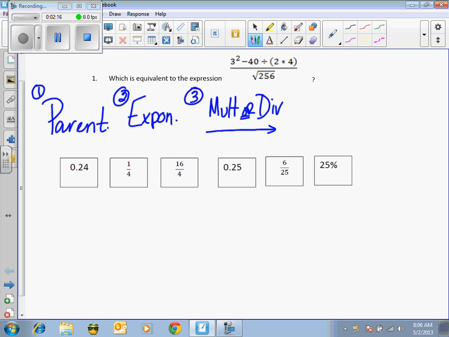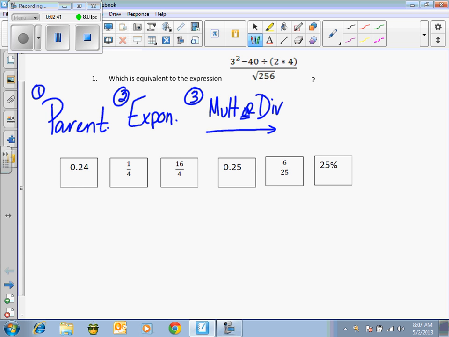What we need to do is look at this problem kind of the way that we read the sentence in front of it and do all the math going from the left to the right. Multiplication and division going from left to right. It doesn't matter which one comes first. We just do it in the order as we read the problem.